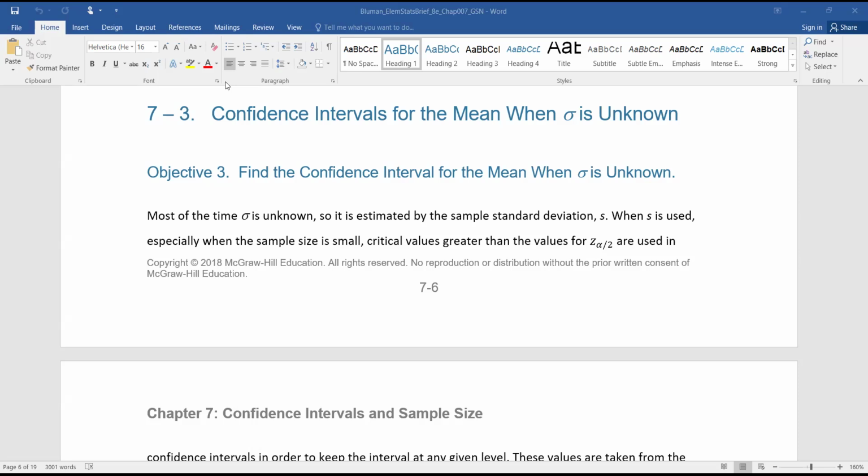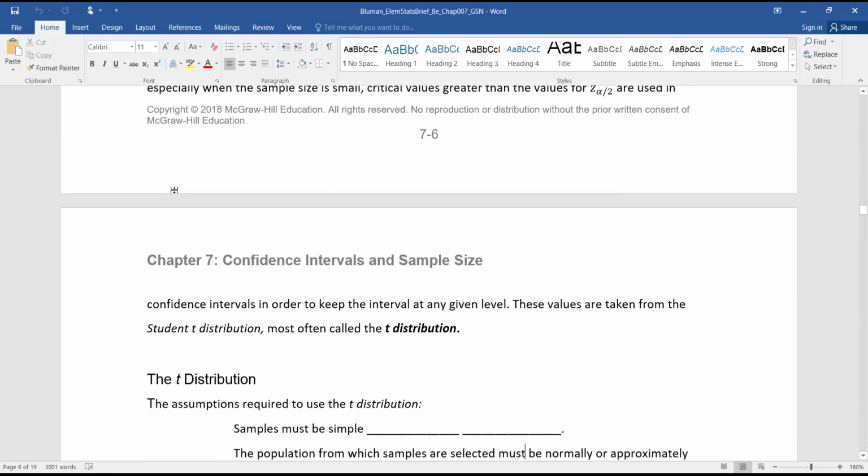When the sample standard deviation is used, especially when the sample size is small, critical values greater than the z-score of alpha divided by 2 are used in confidence intervals. Remember, those are the wings on each side of where I think the range of my mean will fall, in order to keep the interval at any given level.